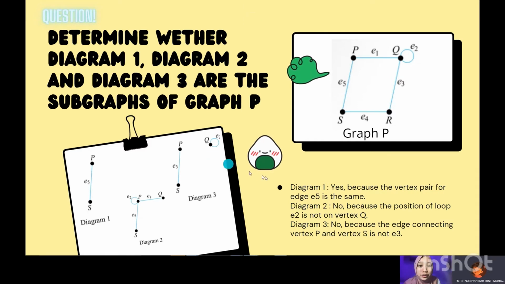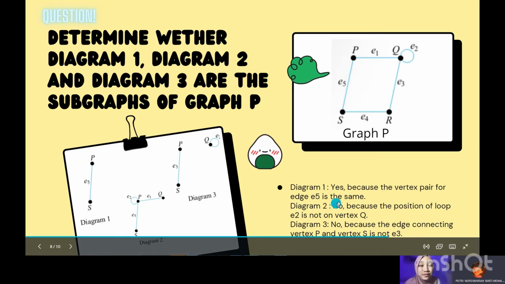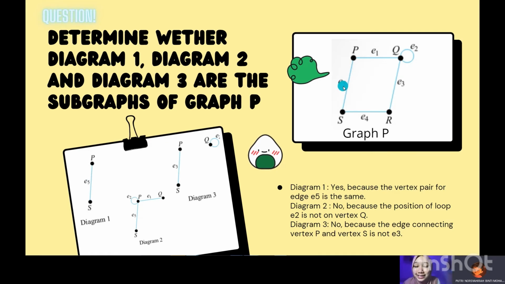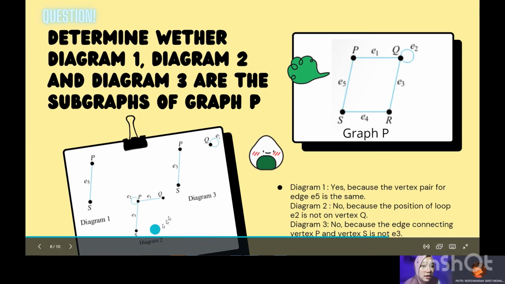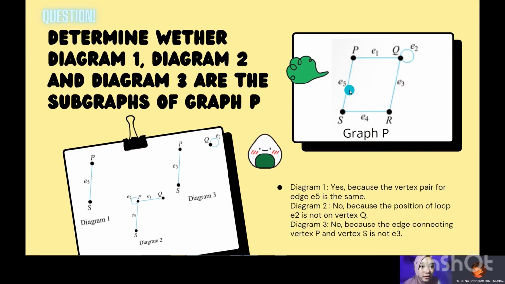So how to answer? Yes, because the vertex pair for edge E5 is the same. You can see here E5 and E5 is the same. But we look at diagram 2. Write this as P, E1, Q, E5, E2, loop right here. Let us look at the diagram and the graph. So S, E5, okay, P, okay, E1, okay.